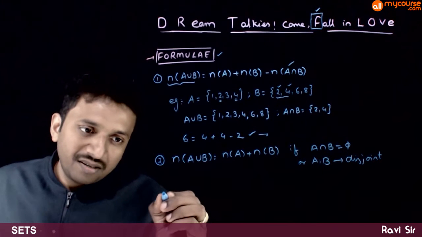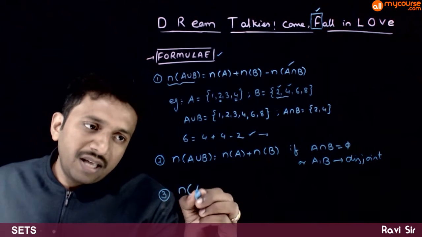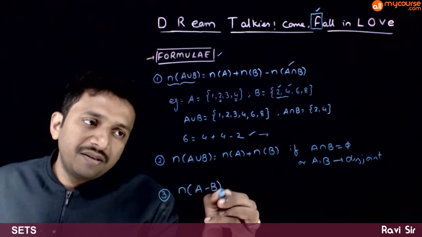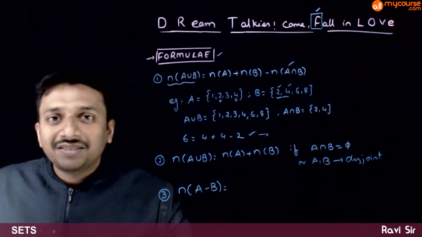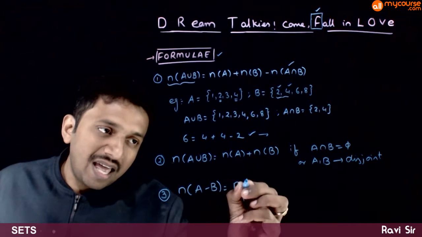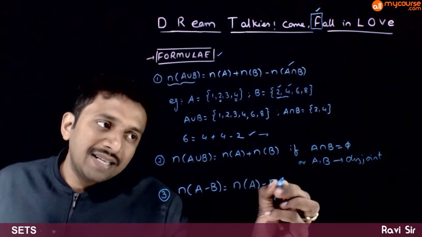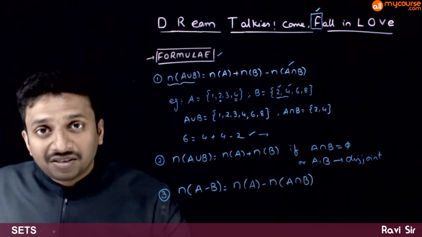So next, the third property is n of A minus B. N of A minus B is not n of A minus n of B. N of A minus B is n of A minus n of A intersection B. We have seen this.